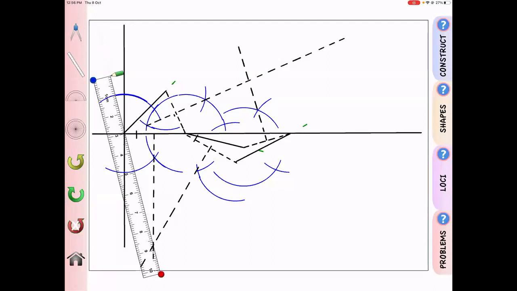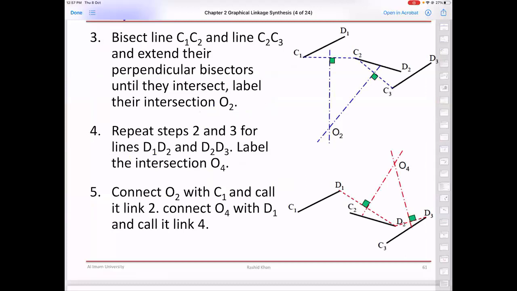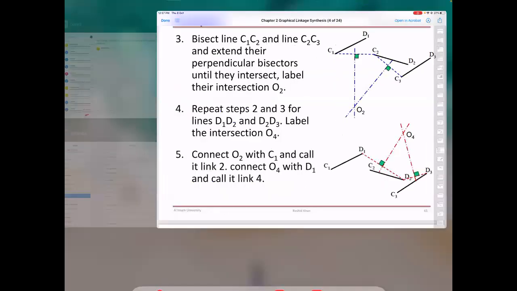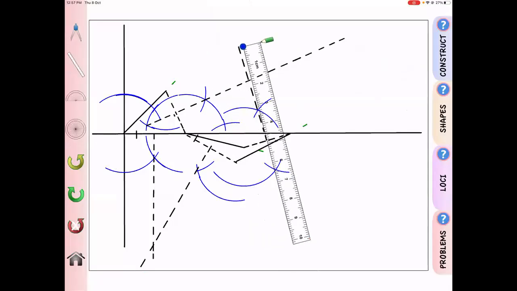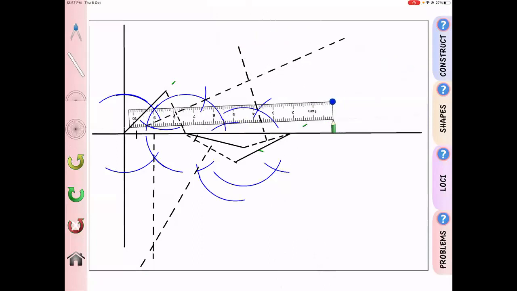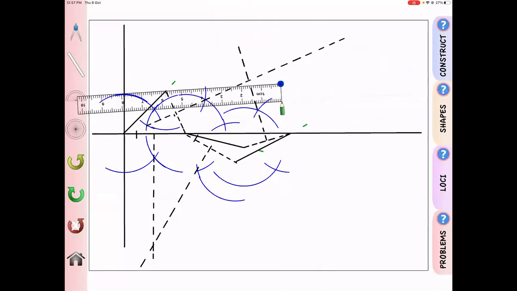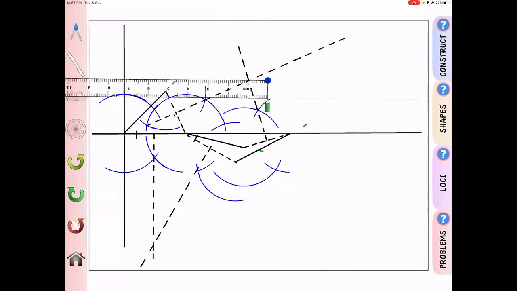Go back. Connect O4 with D1 and call it link 4. Okay. Connect O4 with D1. So this is O4 and this is D1.